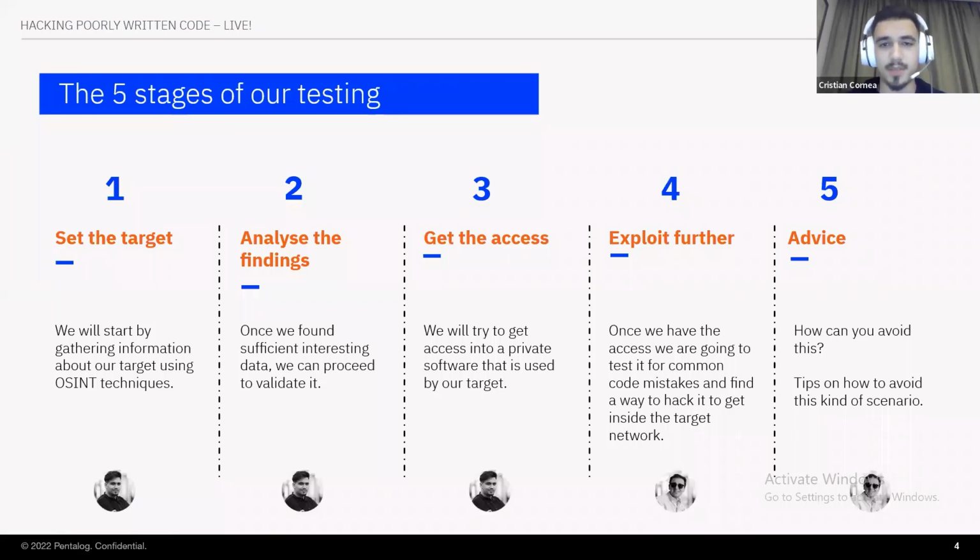We have multiple steps that we will follow. Firstly, we'll take leverage of the tools that you can find online. Anybody can use those techniques in order to find the online presence of the organization, of the project that you are targeting. Then collecting the findings from the OSINT investigation, then trying to exploit those findings.